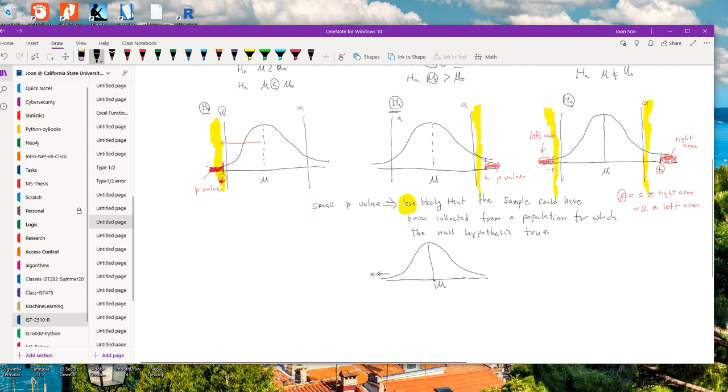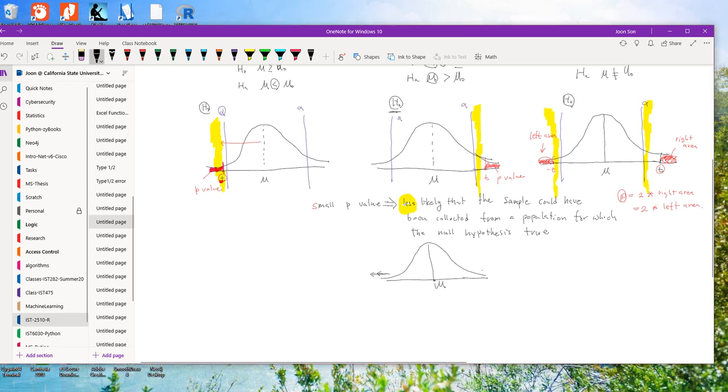And for the upper tail case, when your t statistic is really far away from the mean to the right, your p-value also decreases. So it's less likely that the sample could have been collected from a population for which the null hypothesis is true.